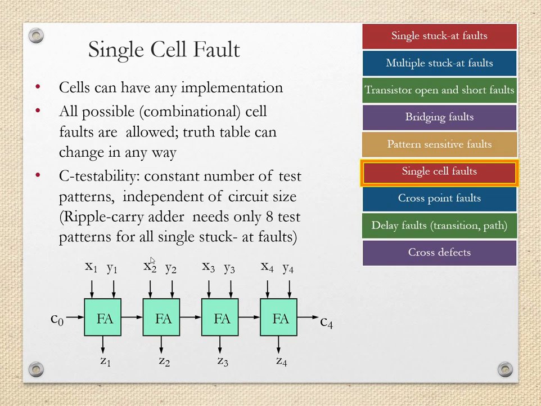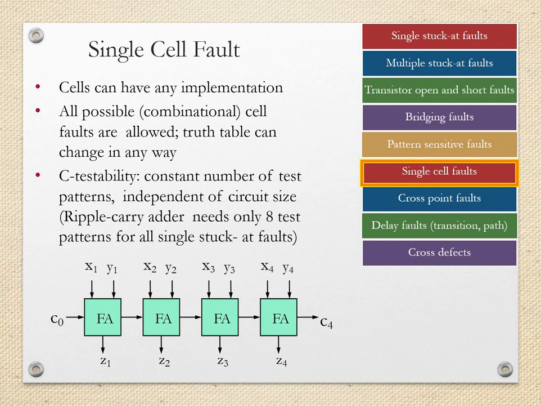So this is one circuit in which we have a combination of 4 full adders. The input to the first full adder is x1, y1, output is z1, second is x2, y2, z2, third is x3, y3, z3, fourth is x4, y4, z4. And the carry is to be forwarded. C0 is the carry input to the first adder.